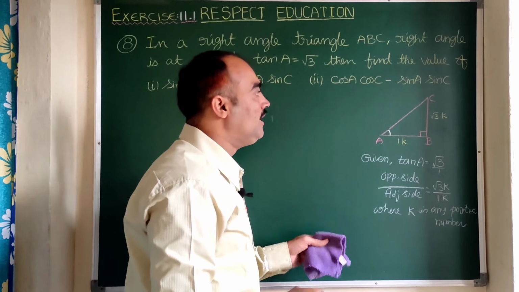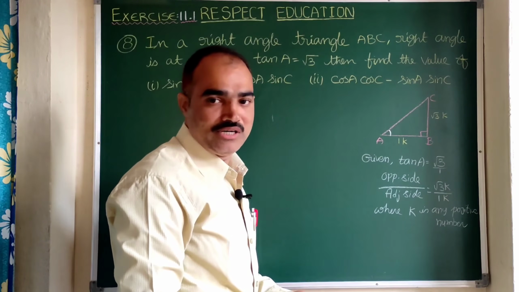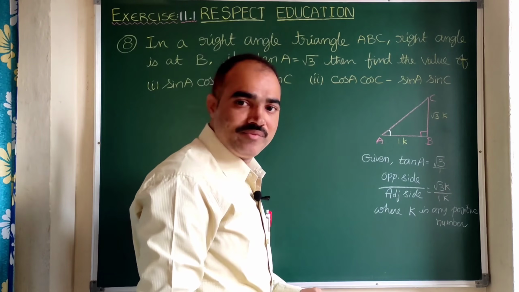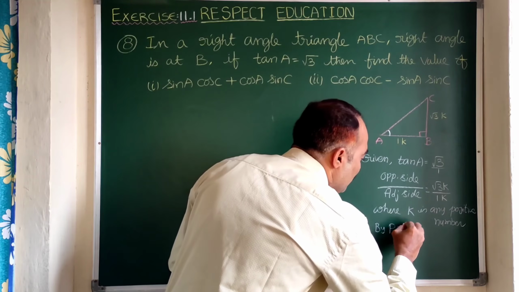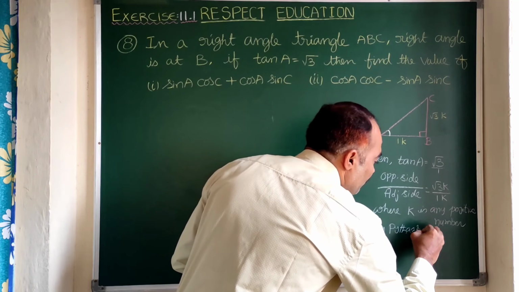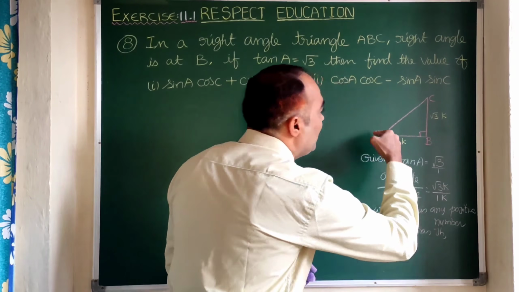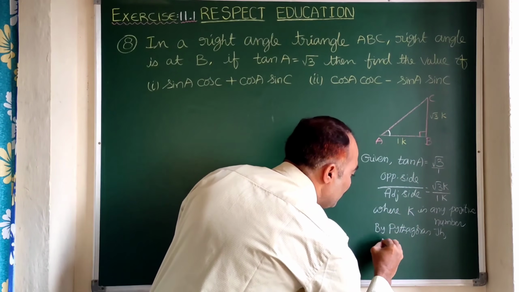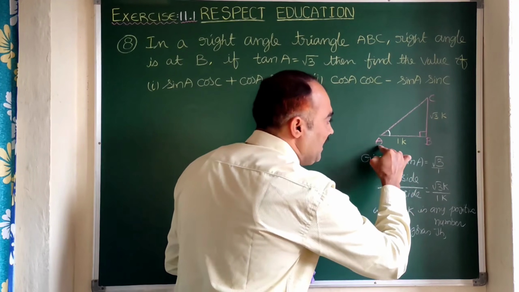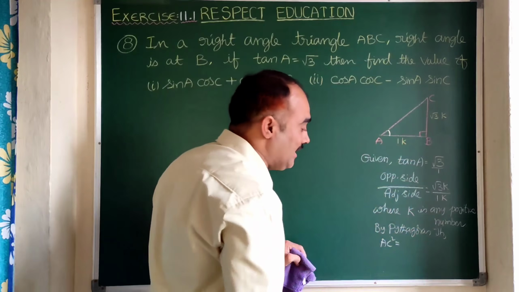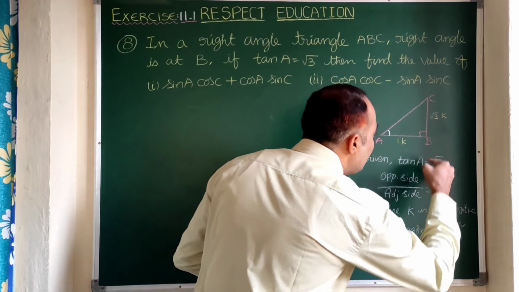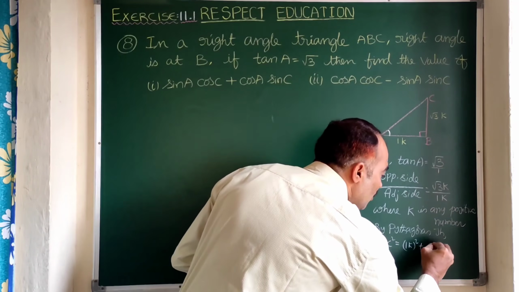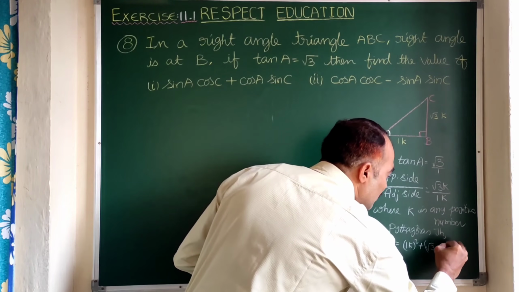What is to be found now? AC, the hypotenuse, by applying Pythagoras theorem. So we can write by Pythagoras theorem, AC square equal to AB square, that is 1k whole square, plus BC square, that is root 3k whole square.